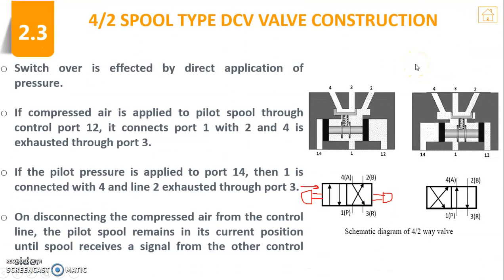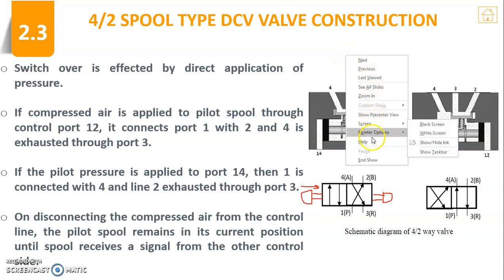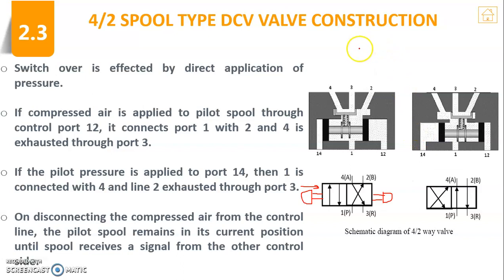in the 4x2 valve the 4 represents the number of ports, so it will have 4 ports. Here commonly we are using 4 ports which are connected with mostly double acting cylinders. For example, if you want to connect a cylinder, which is a linear actuator, which has to be controlled at both sides, you just assume this as my cylinder and it is having port 1 and port 2.